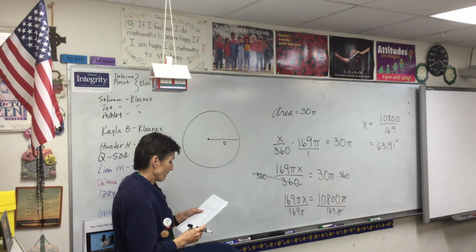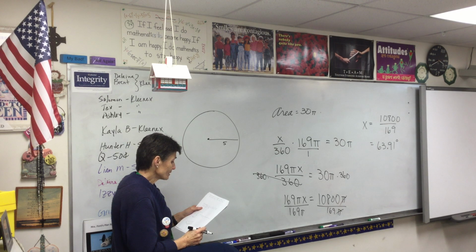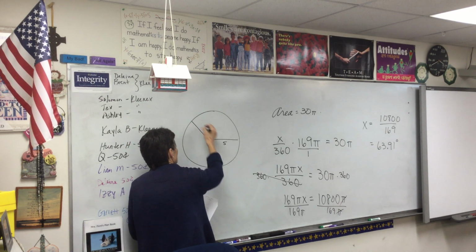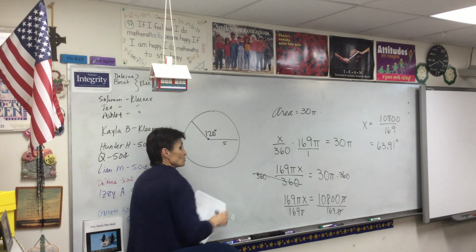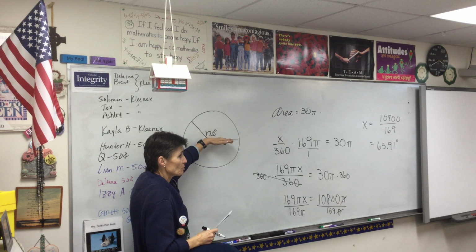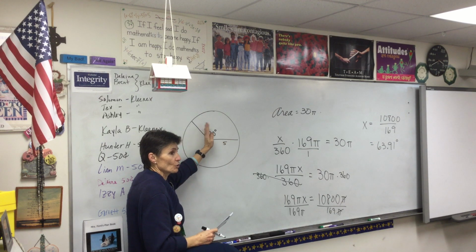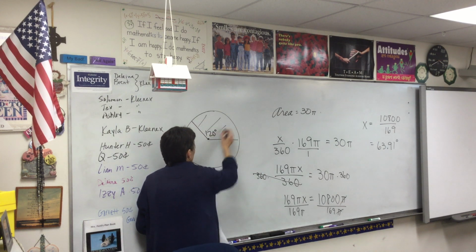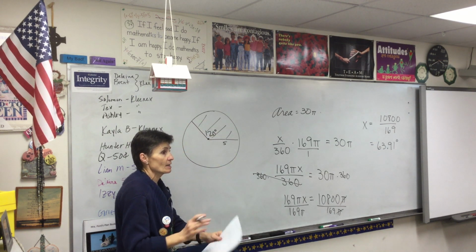Find the area that is watered if the central angle is 120. This sprinkler is just switching back like this. It isn't going the full circle. It's just going through 120. So your job is to find the area that is watered.